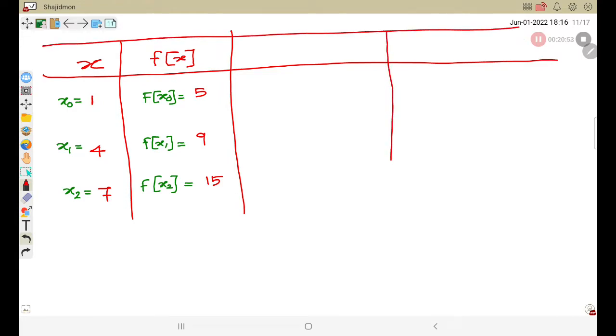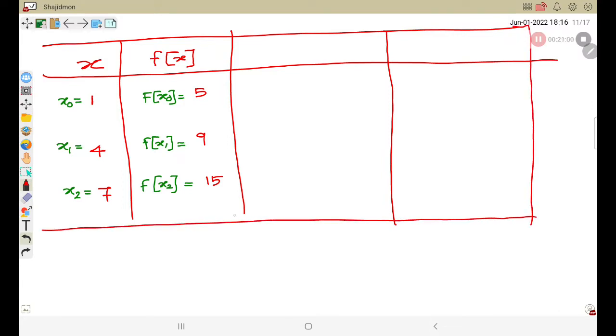First we are doing the first order divided difference, then we calculate the second order divided difference. After that, from that we find the polynomial. So I can write here first order divided difference, and here second order divided difference.